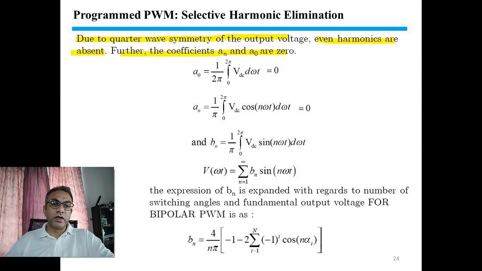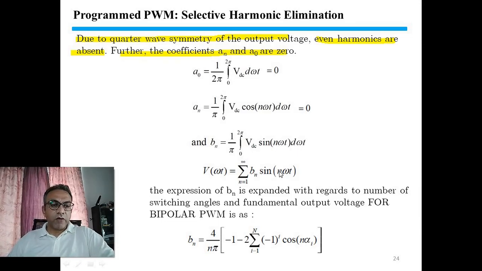That is another reason why a naught is 0. Then due to the absence of even harmonics, because it is a symmetrical waveform, the coefficient a n is also equal to 0. So we are only left to solve b n, and b n is given by 1 over pi integral 0 to 2 pi Vdc sin n omega t d omega t.